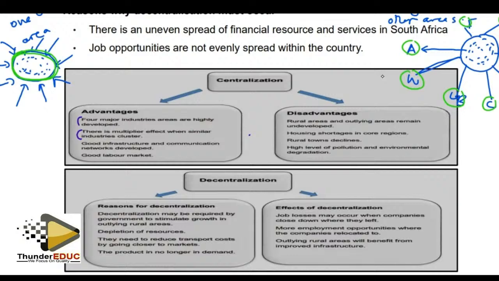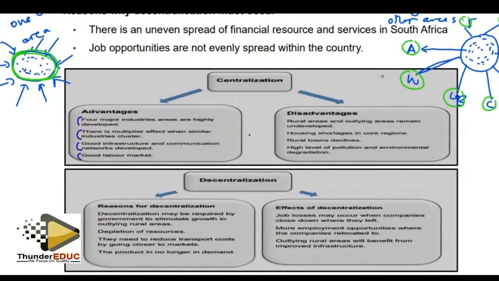Also, good infrastructure and communication is being promoted when industries are clustered in a particular area. So that area will develop better infrastructures and as well a good labor market. So industries won't struggle to look for workers because they know if they're within a given area, many people would cluster in that particular place, resulting into high job creation.